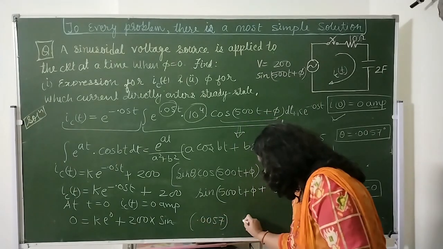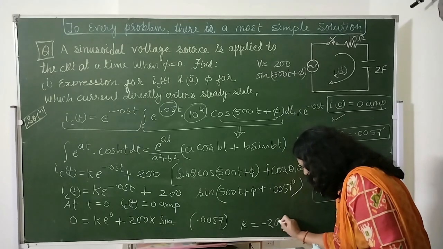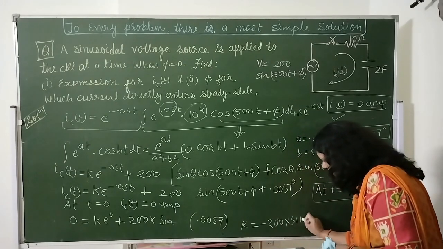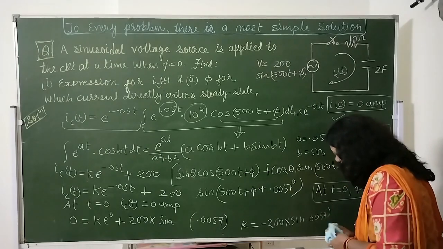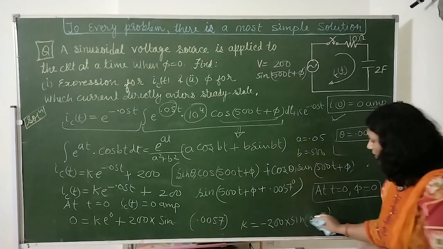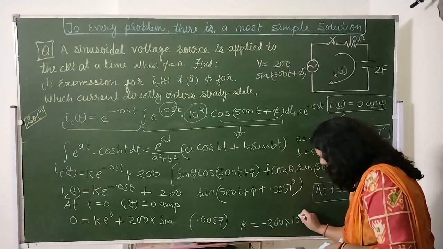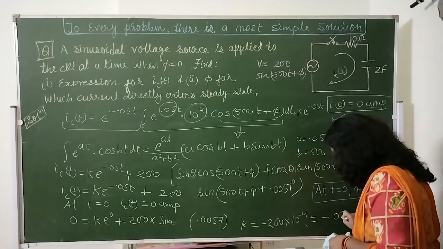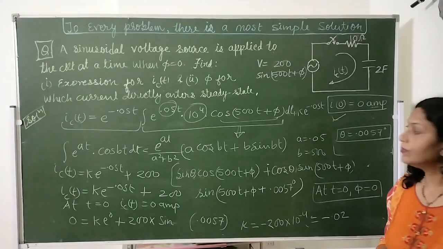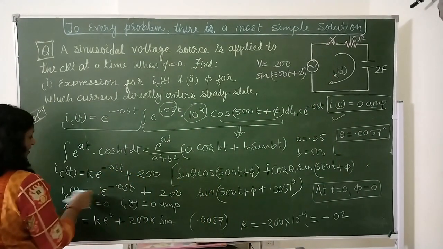So K equals minus 200 into sin of 0.0057 degree, and the value of this is 10 to the power minus 4. So this is nothing but minus 0.02. K equals minus 0.02. Substitute this K here.